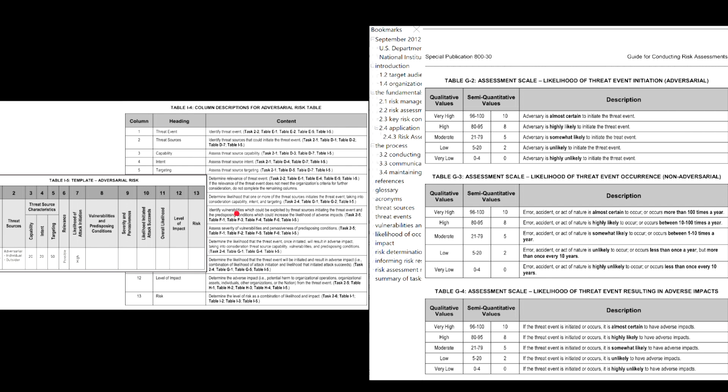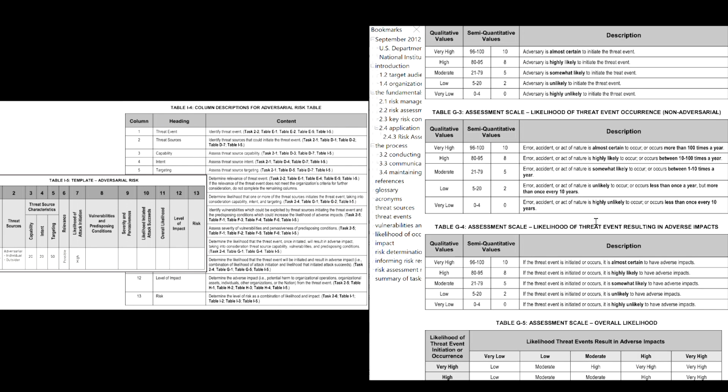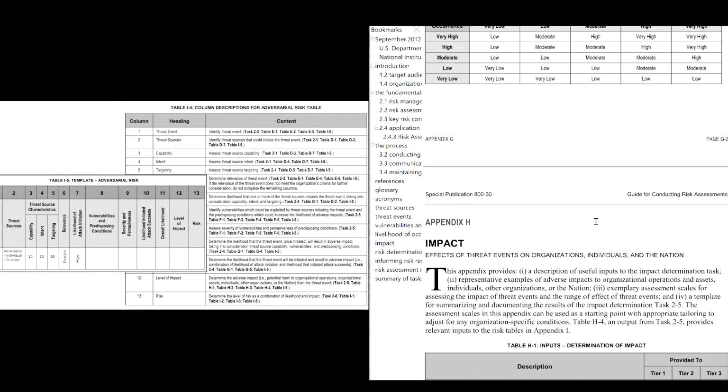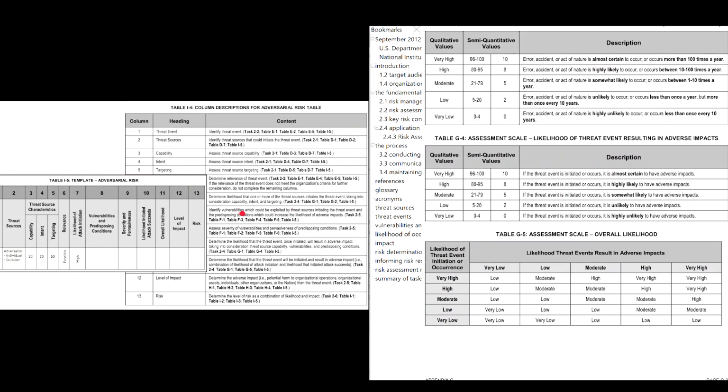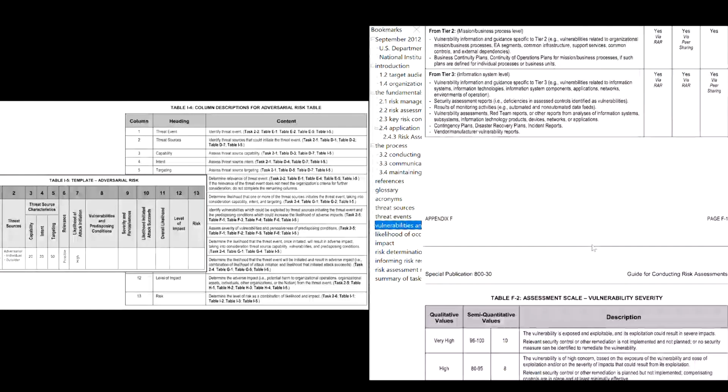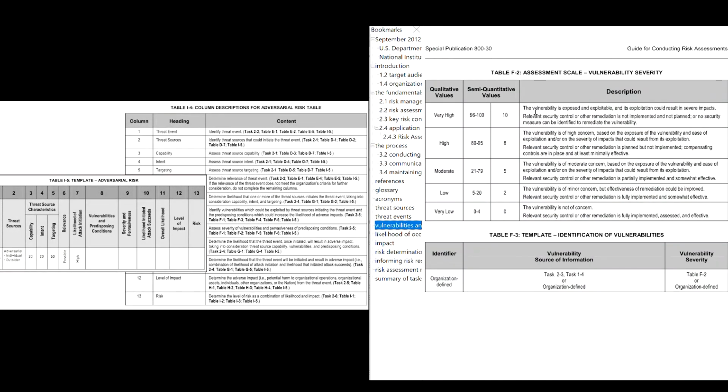Then on the vulnerabilities and predisposing conditions, that's task 2.5, should be this one, vulnerabilities.